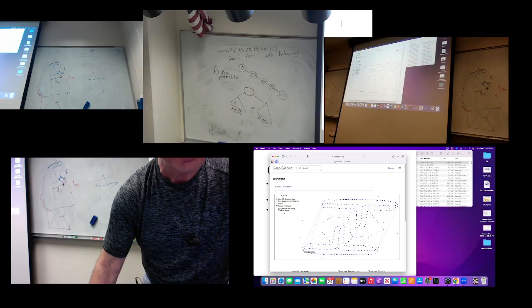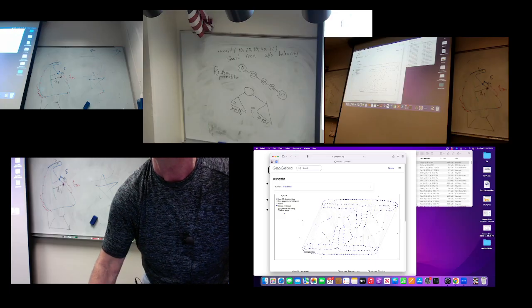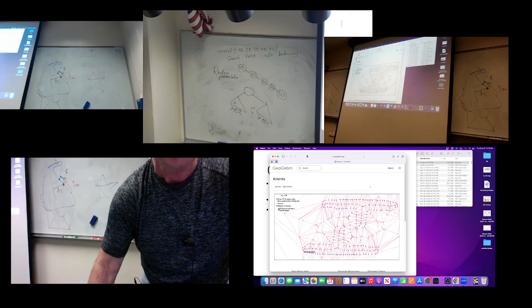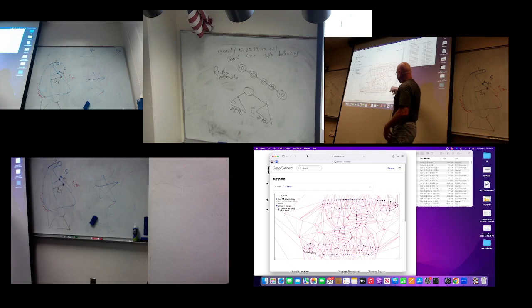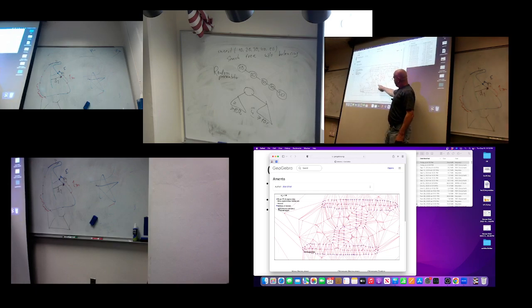And now I take the Delaunay triangulation, but Delaunay triangulation of what? It's the Delaunay triangulation of the data union the vertices of the Voronoi diagram. You have access to it, so do play with this. So what did I get by adding the Voronoi diagram?